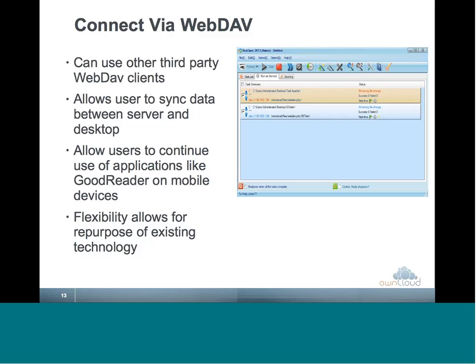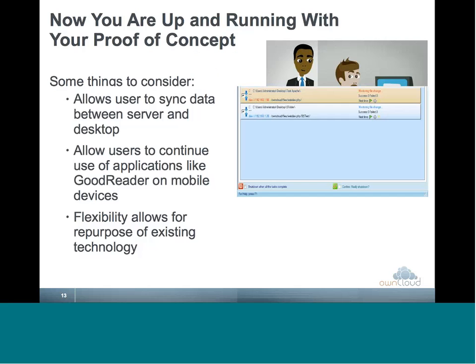You can use third-party WebDAV clients to access it, and typically that's done from the mobile device or the desktop. I threw an example in there of GoodReader on the iOS side, or something like BestSync on the Windows side. So again, all options as part of your ownCloud POC. You simply make the decision as to whether or not you want to allow access for these types of things.